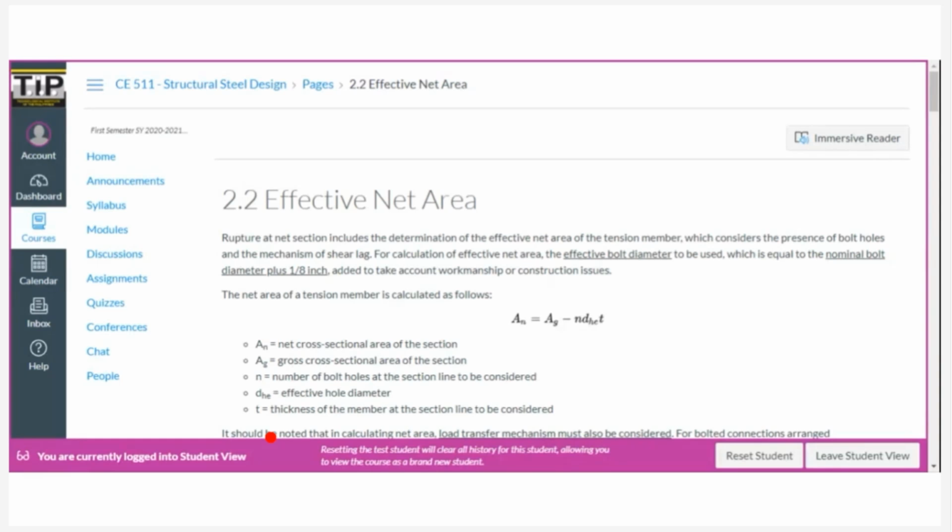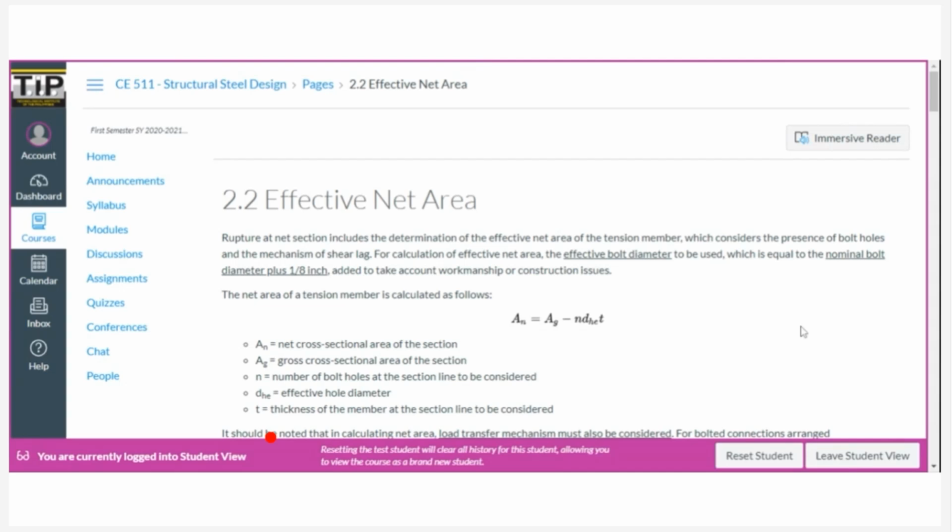So, let me continue my discussion. Doon na tayo sa bolt diameter, right? Usually we are given the size of the bolt. However, for design, we will not be using the actual size of the bolt.